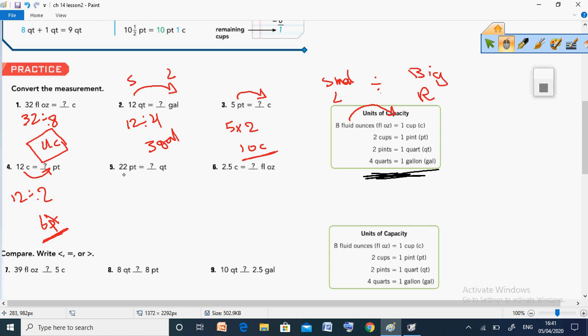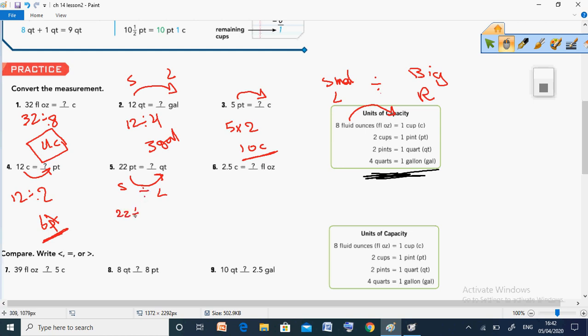And here for question number 5, I will convert from 22 pints to quarts. I will check how many quarts are inside 22 pints. Pint is smaller than quart, and because I am converting from smaller to larger, we have to divide.